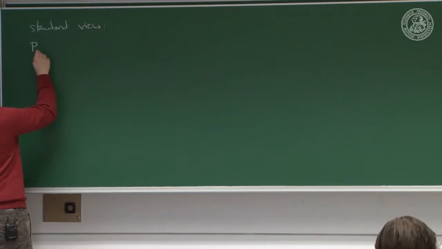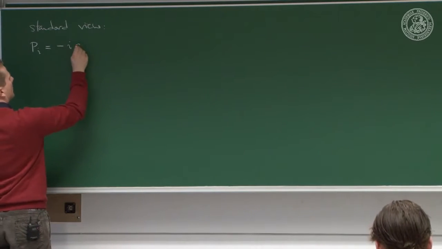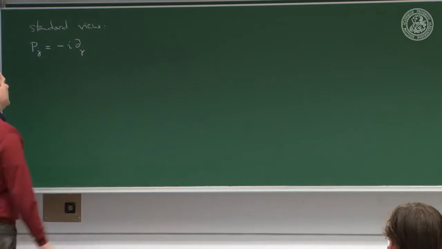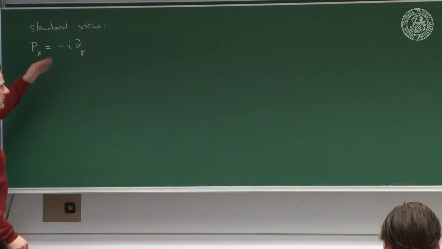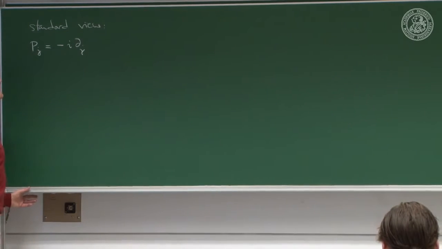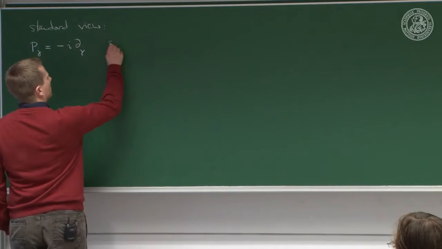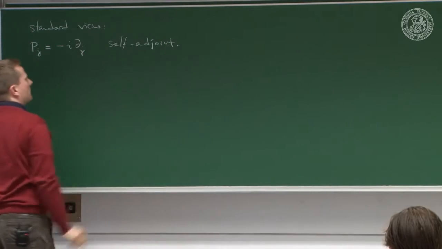First of all, this P_j, the minus i del_j operator acting on some suitable restriction of L2 in this case, is self-adjoint with respect to the inner product we defined.